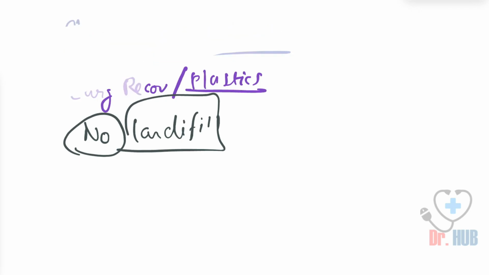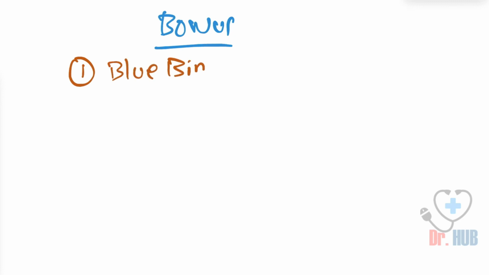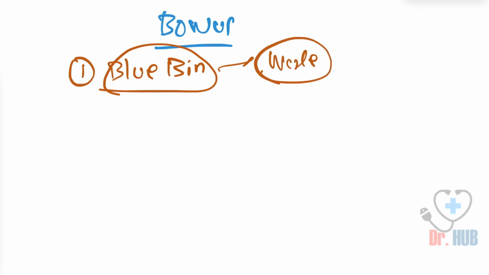Now we'll move on to some bonus questions. You can answer these questions in the comments. The first question we want to ask is, what is the role of the blue bin? What are the waste materials present in this blue bin, and what is the method of disposal?